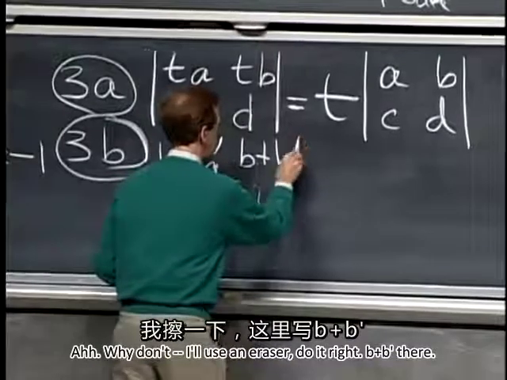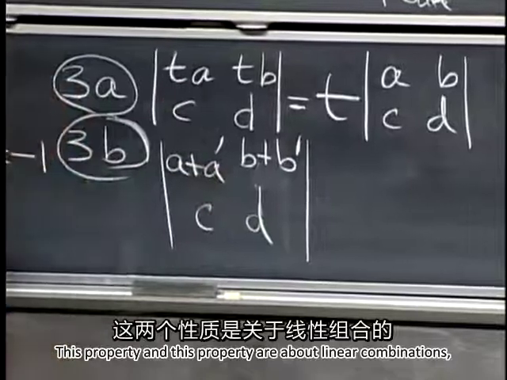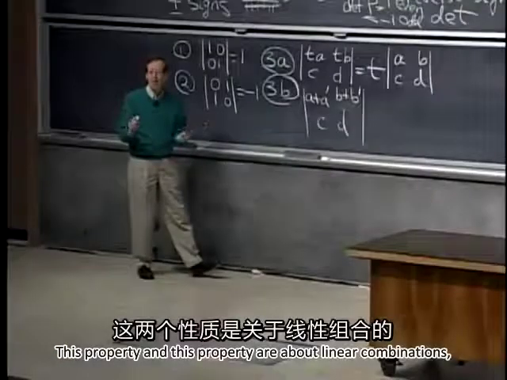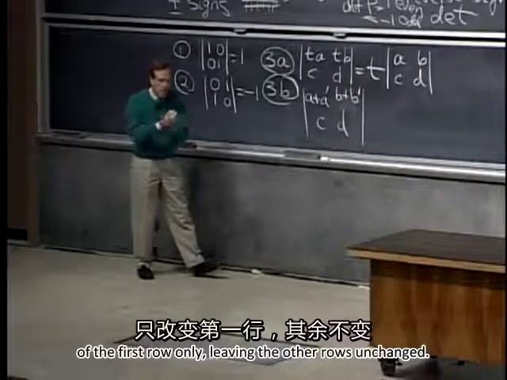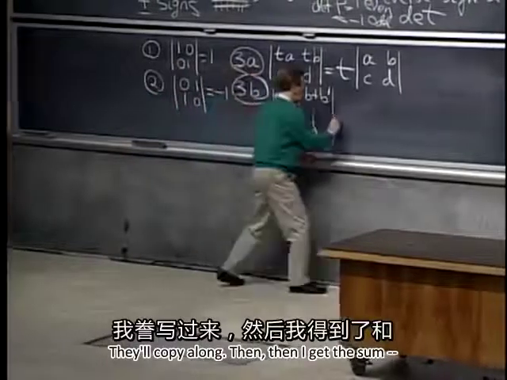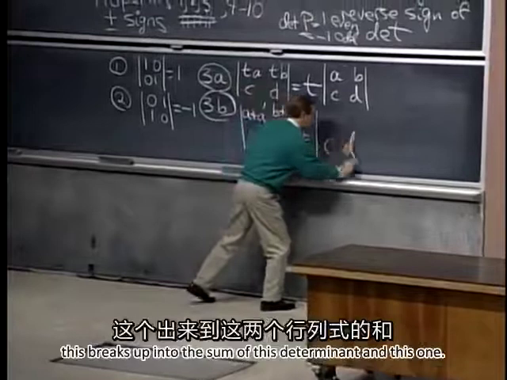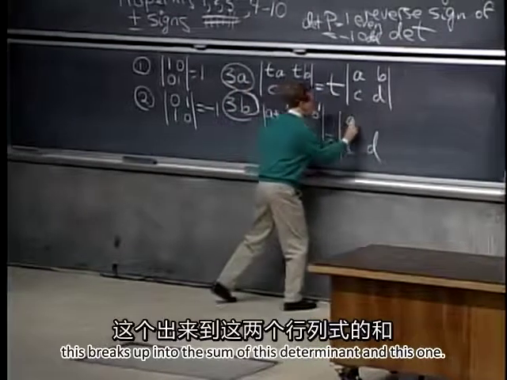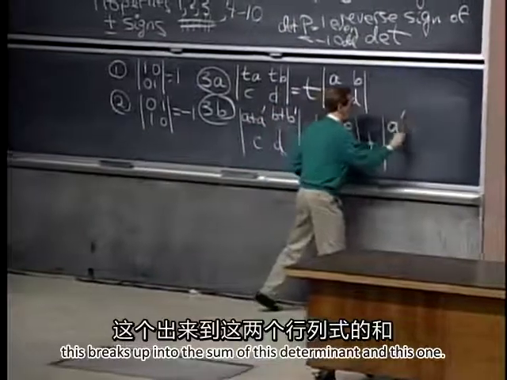Do you see what I'm doing? This property and this property are about linear combinations of the first row only, leaving the other rows unchanged. They'll copy along. Then I get the sum. This breaks up into the sum of this determinant and this one.